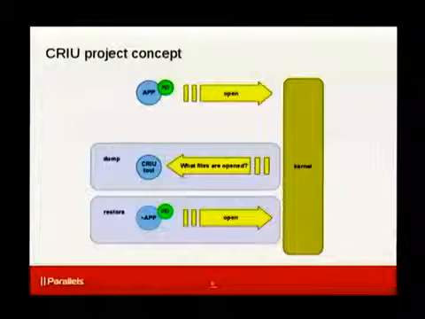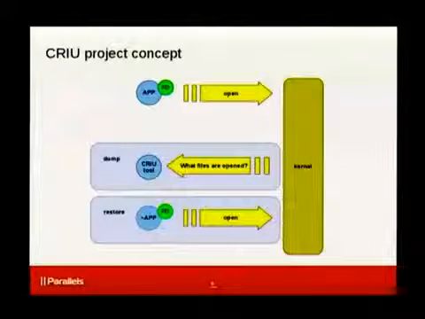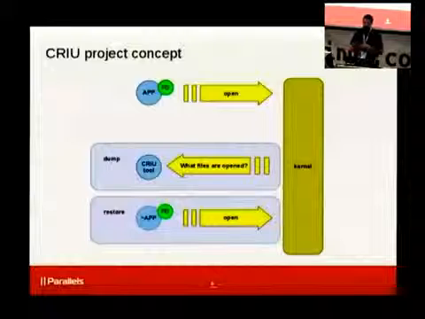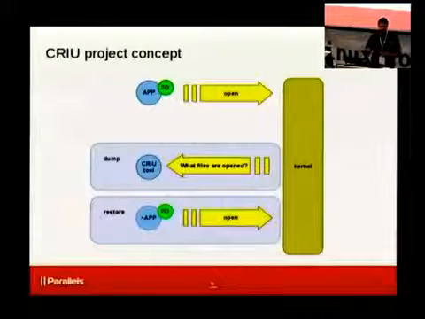Later, when we want to restore the state, this task is much simpler, because if this state was somehow achieved by an application, we can use the same API for doing this.